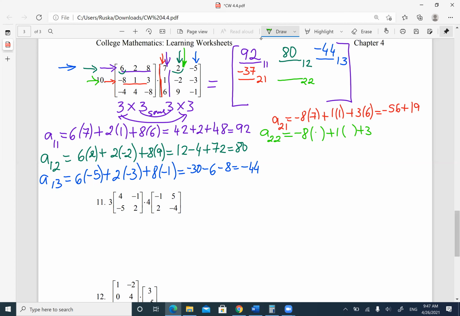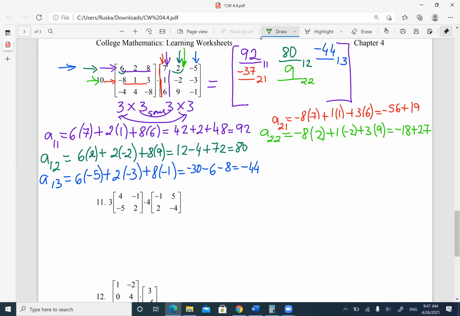And then you have 2, negative 2, and 9. So it's going to be negative 16 here. And negative 2 is negative 18, plus 27. So technically I have to do 27 subtract 18. It's going to be 9.